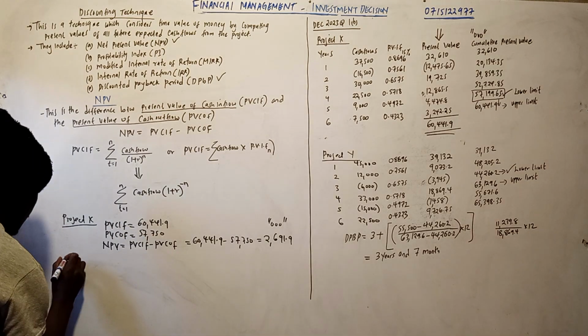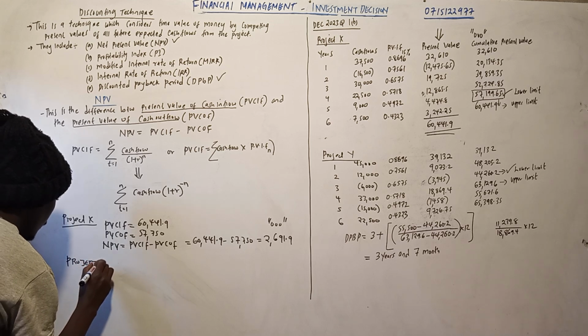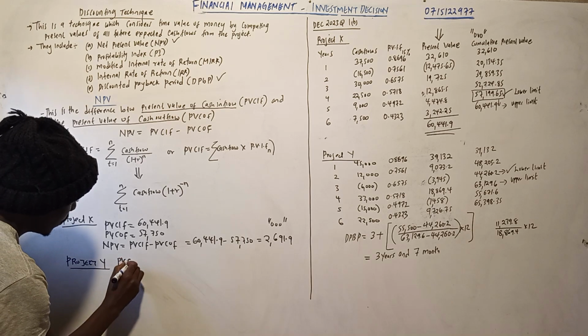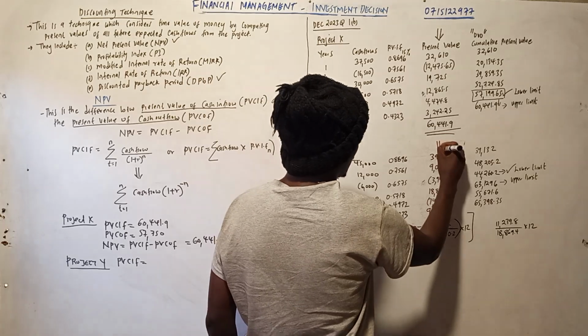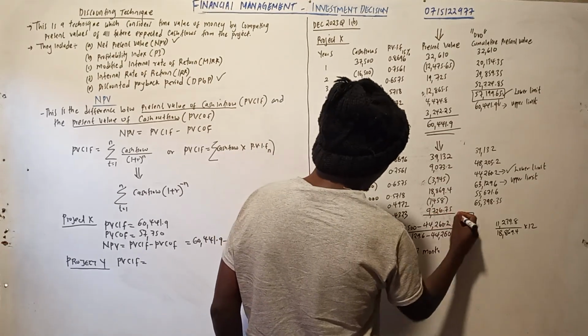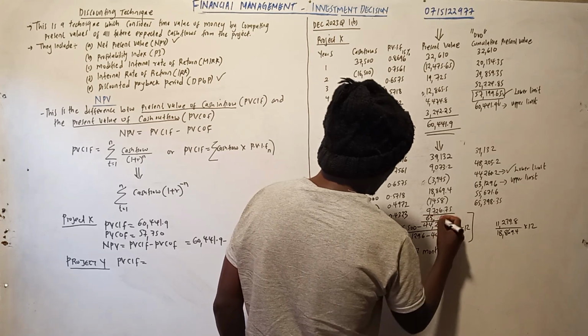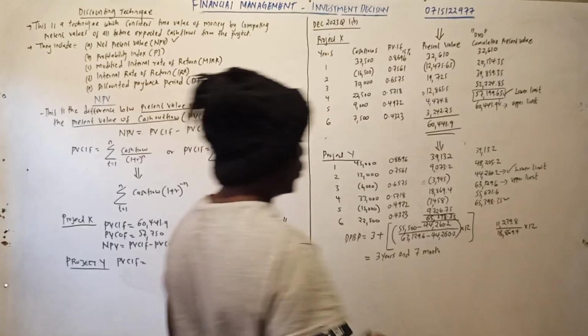Let us see project Y. Tunaanza na present value cash inflow, tuna add zote. So una add kutoka hapa hii hapa. You add all of them together. So when you add them utapata 65,398.35. Utapata hiyo. So let us confirm.